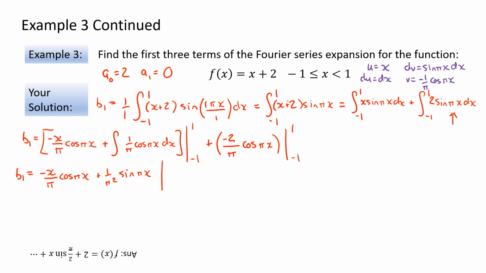All of this evaluated at 1 and negative 1, plus, or I guess it's minus, because we have the 2 over pi. So we can do minus 2 over pi, and if we evaluate this at 1 and negative 1, we get cosine of pi minus cosine of negative pi.